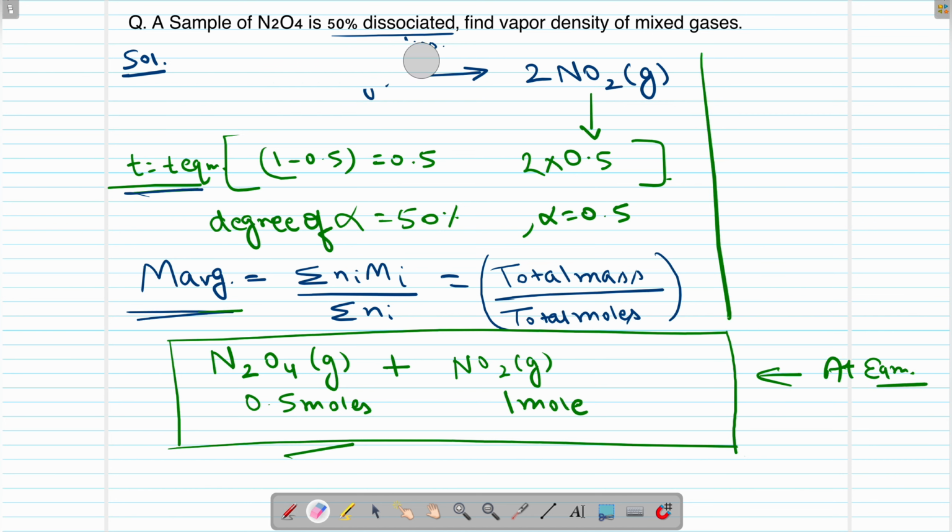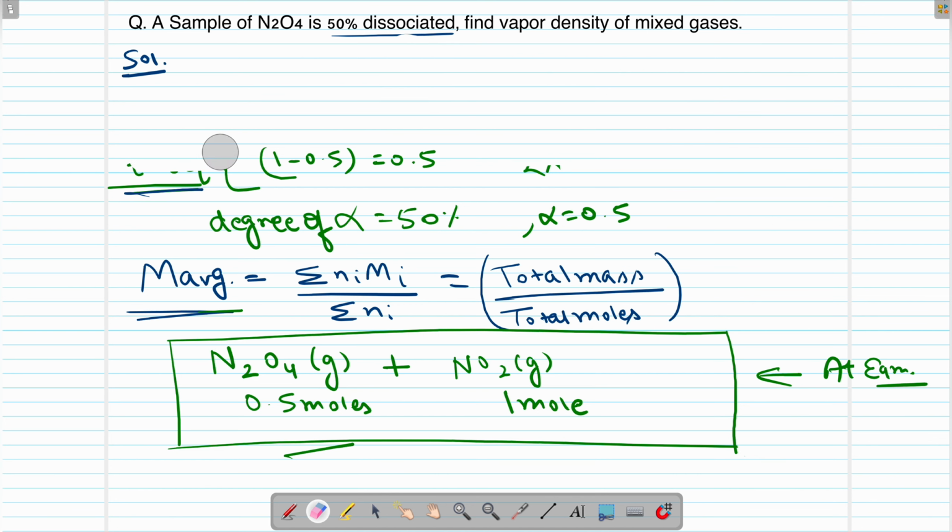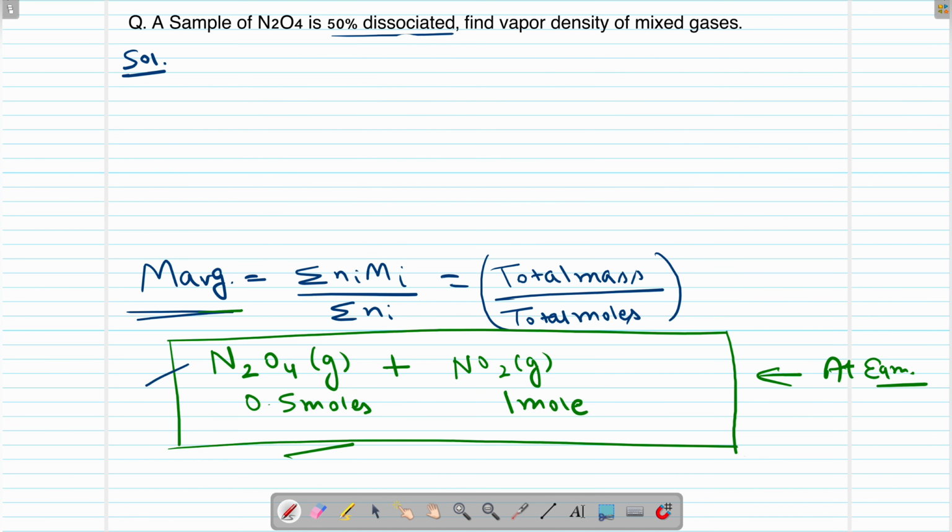So how do we solve this? Let's erase this part and just put the values in this formula. For N2O4 what will be the molar mass, and for NO2 what will be the molar mass. On calculating we will get 92 and here 46. Now simply put these values in the formula. M average will be equal to total mass divided by total moles, sigma ni divided by sigma ni.